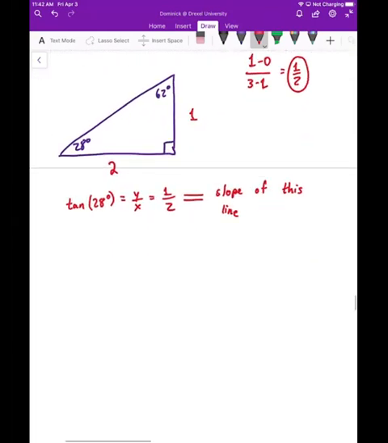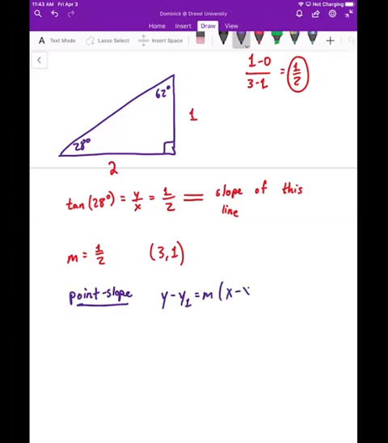All right. Now we have the slope is equal to 1/2, and that we pass through (3, 1). So if we want to make an equation for this line, we can use point-slope form, which of course is y minus y1 equals m times x minus x1. And so this will give us y minus 1 is equal to m, which is 1/2, times x minus 3.